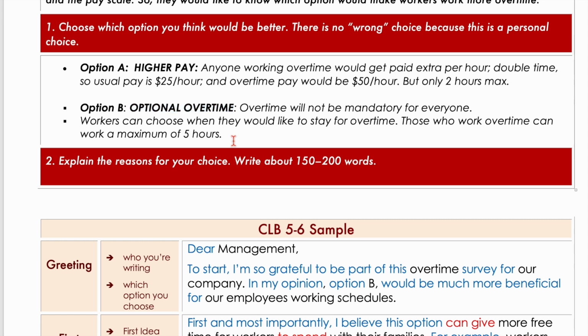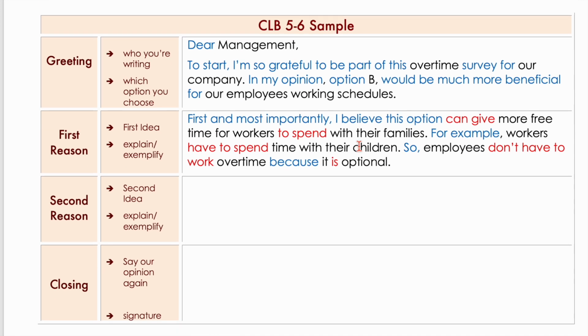So employees don't have to work overtime. Okay? So it says here, in this reason, they need more time to spend with their families, to spend time with their children, and they don't have to work overtime because it's optional. Okay, so that was a good connection there.